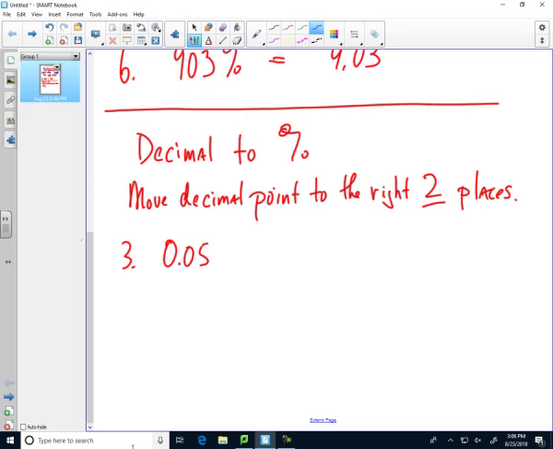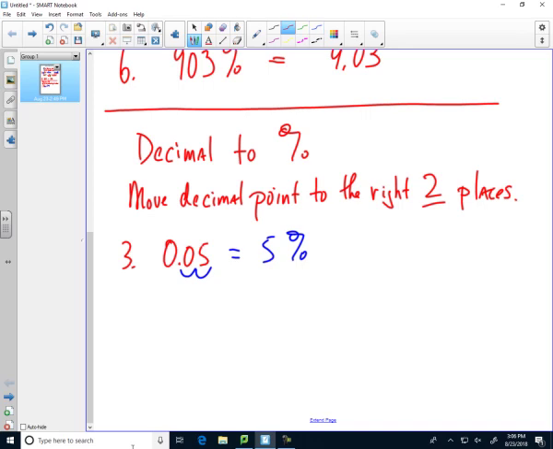So let's see. 1, 2. So that's 5. And there that percent sign popped back up again, didn't it? It goes, it comes. But I know where it goes now. I feel better.